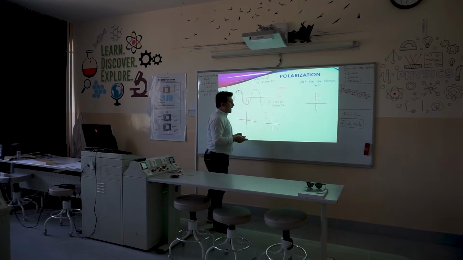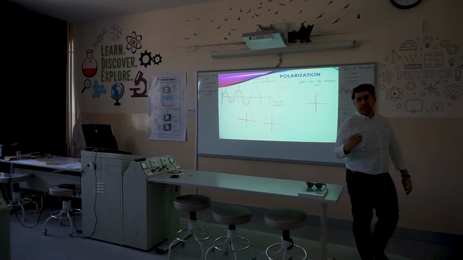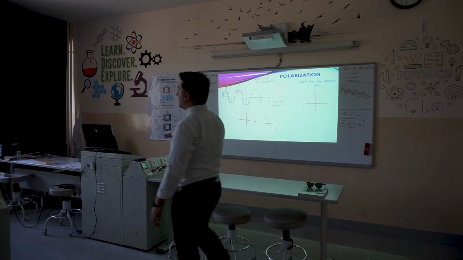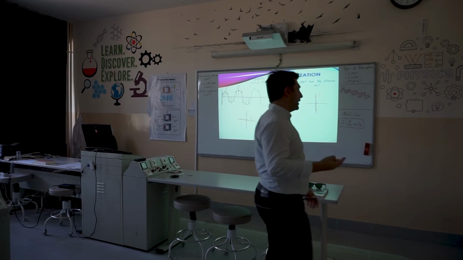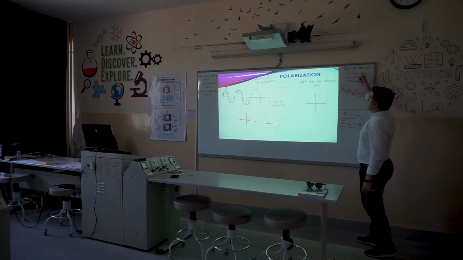So we call it polarized light if the electric field of a light ray oscillates in only one orientation, only one direction. We can call this linear polarization of light.